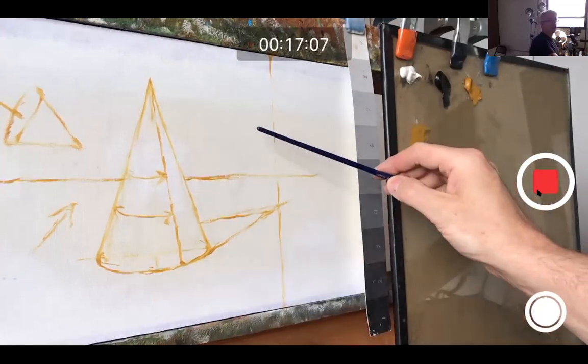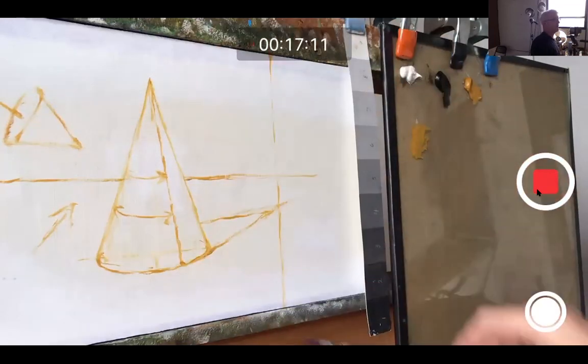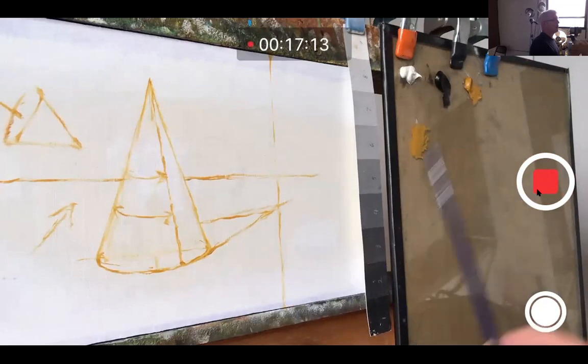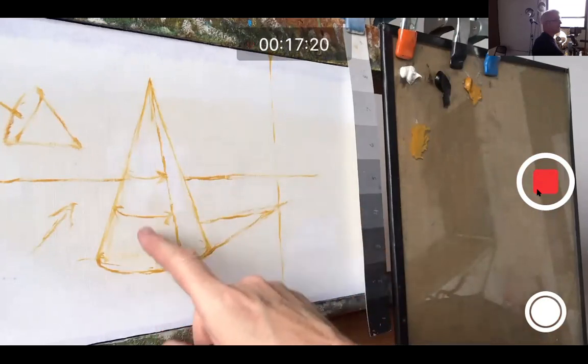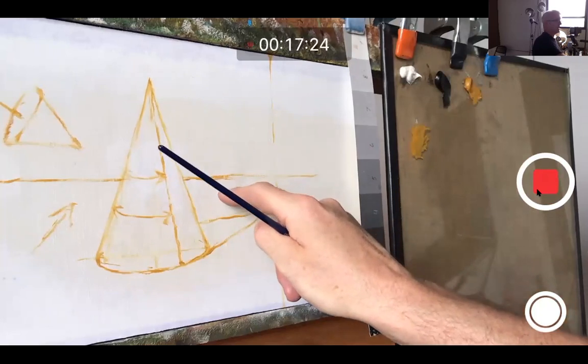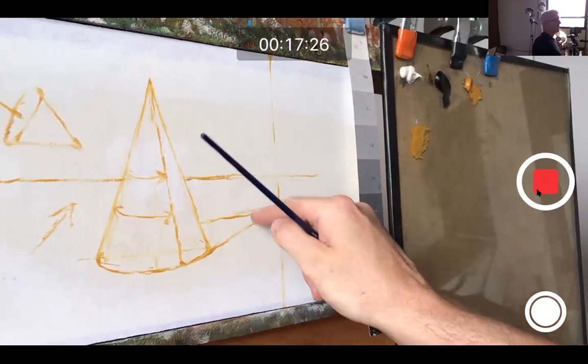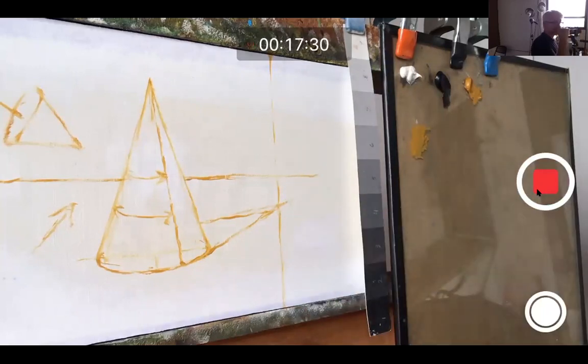So let's pretend my canvas is this square. Now I want to understand how I can create a convincing sense of the volume of this object, and a convincing representation of the space of the box, or the environment it is sitting in.